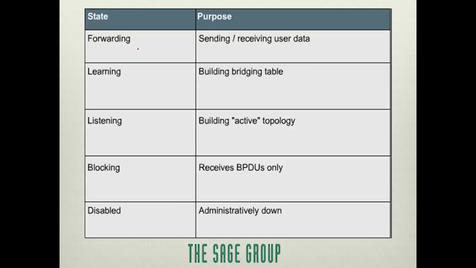And this is just a table, the same thing: forwarding, sending, receiving user data. So these are the ones that are actually sending data. Learning is building the bridging table, the MAC table, and the no loop table. Listening is building the active topology, and the active topology is going to be the one with no loop.